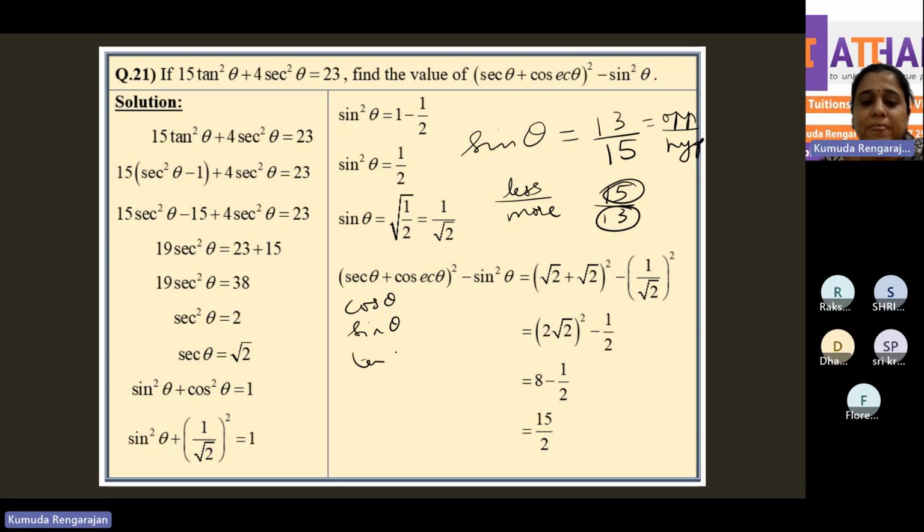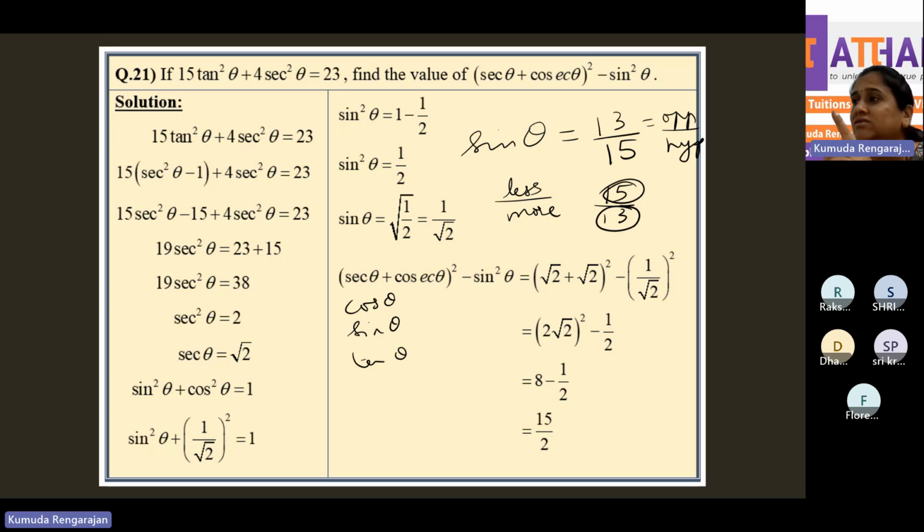Tan theta is opposite by adjacent. That we can't say. Sometimes the opposite side can be greater or it can be smaller. So tan and cot can take proper or improper fractions, because you cannot say anything for sure between the legs.